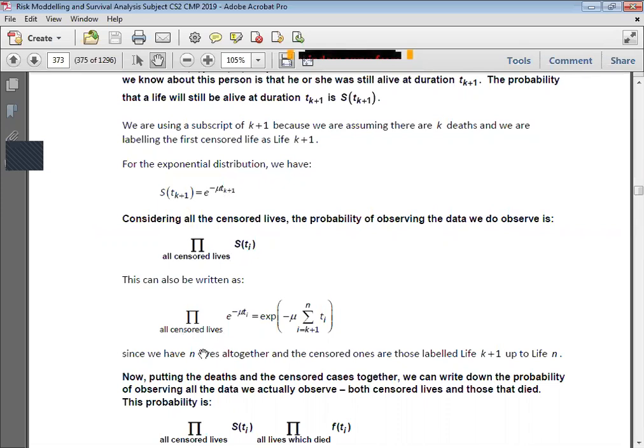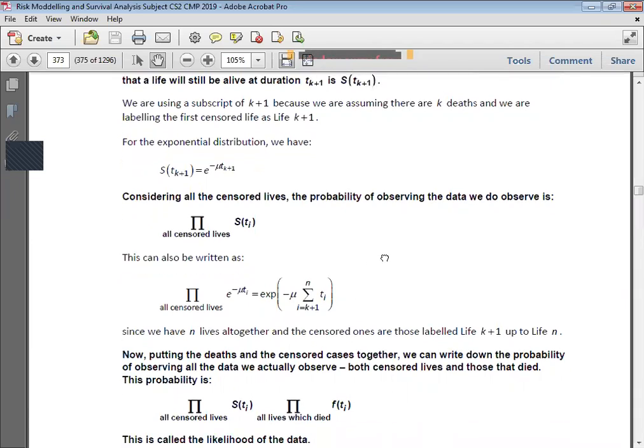And when I'm talking about censored lives and the dead lives, this will combinedly take into consideration all the lives that I'm trying to study. So all the lives that do not get censored in between the time duration and neither die will get censored at the end for sure. So this takes into account everything that we have. So this is the function that you will have for the censored lives.